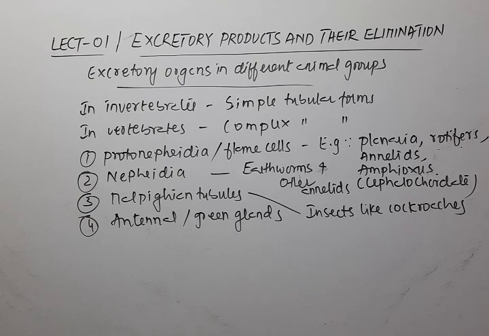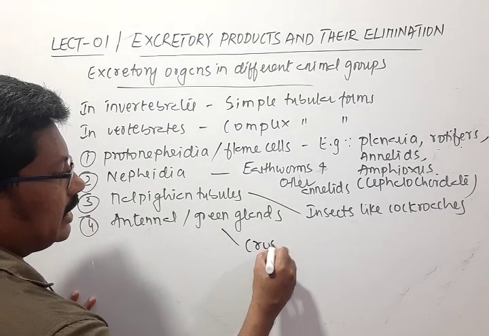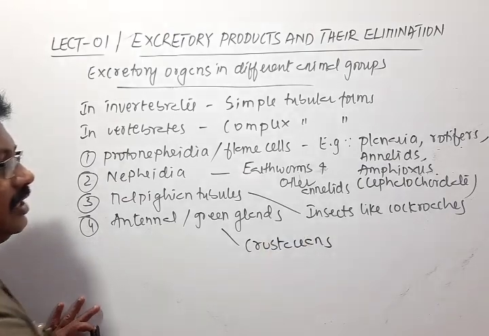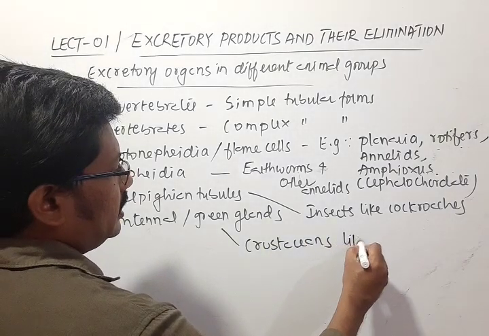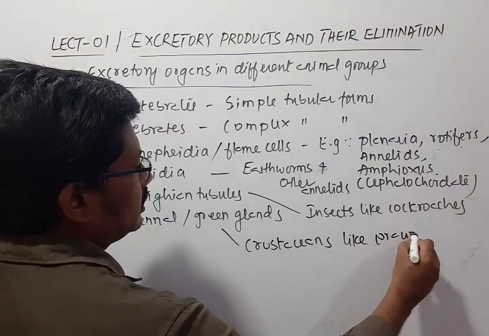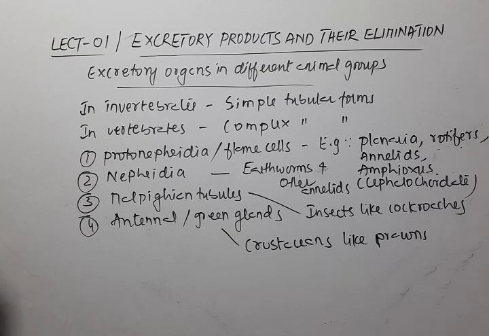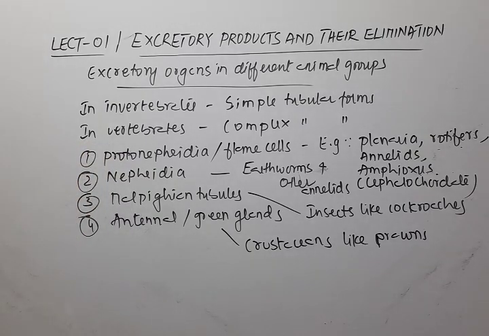And antennal glands or green glands, we will see in crustaceans. So insects and crustaceans both belong to phylum Arthropoda, and crustaceans like prawns have these antennal or green glands.